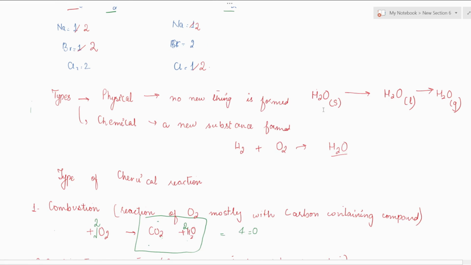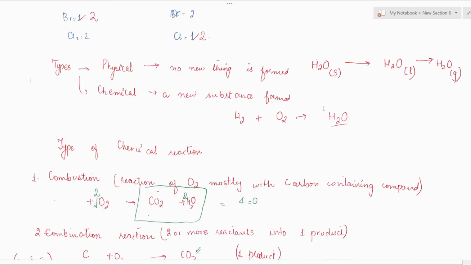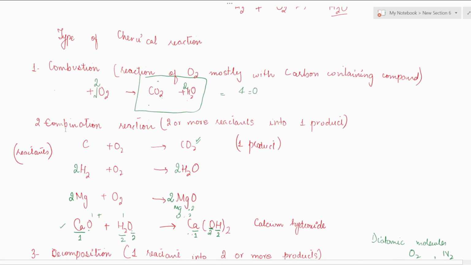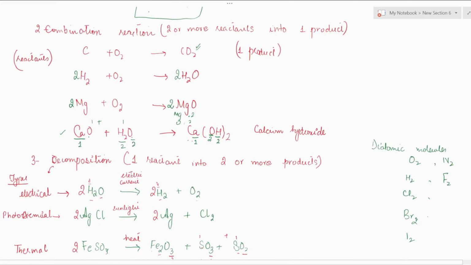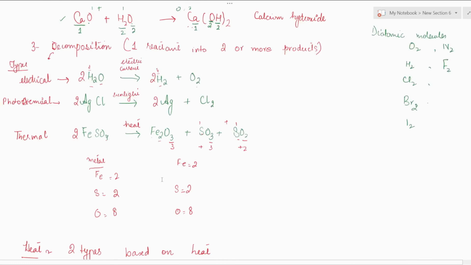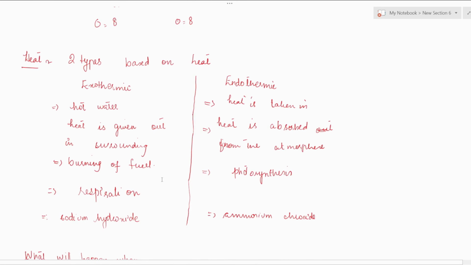Then we learned about two types of chemical reactions. The first one is the combination reaction and the second one is the decomposition reaction. So this combustion is also a decomposition reaction. And at the end, we learned the exothermic and endothermic reactions.